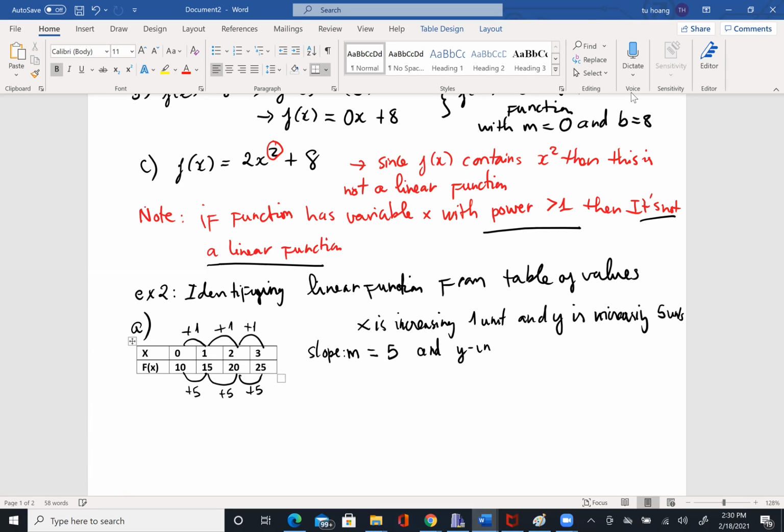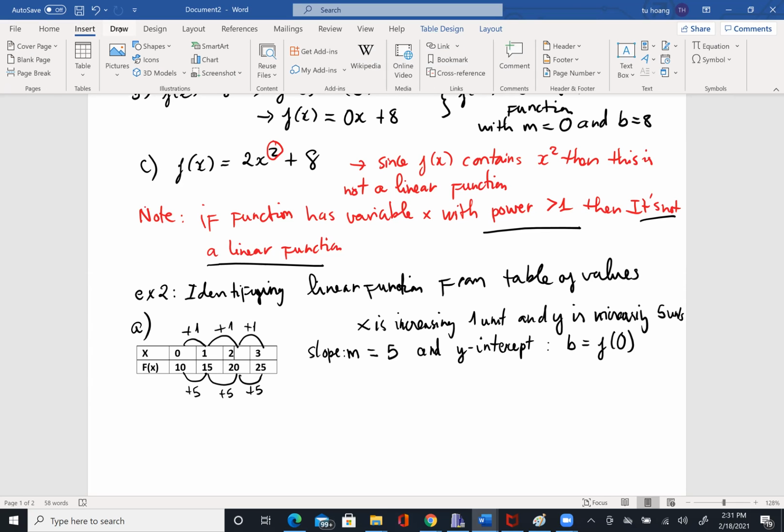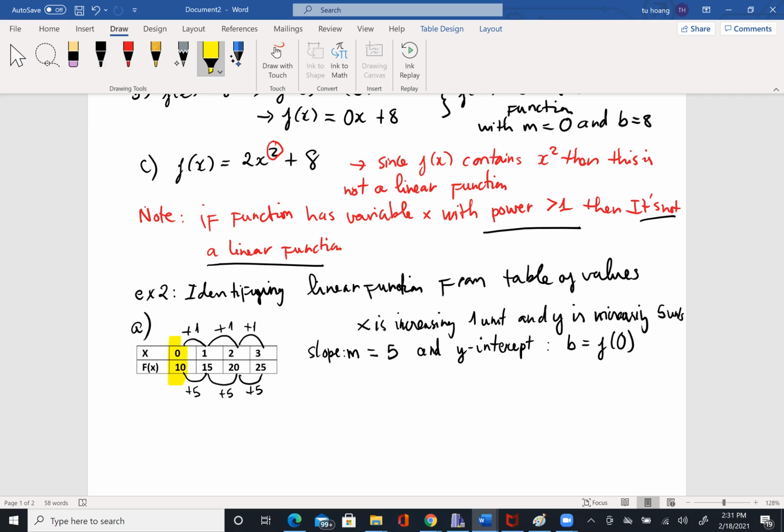And y-intercept, which is b, will be equal to f of 0. In order to find the y-intercept, you want to find the case when x is equal to 0, and see what happened with f of x in this case.